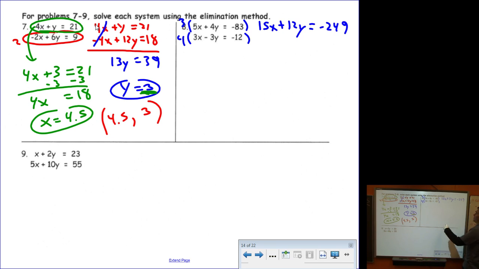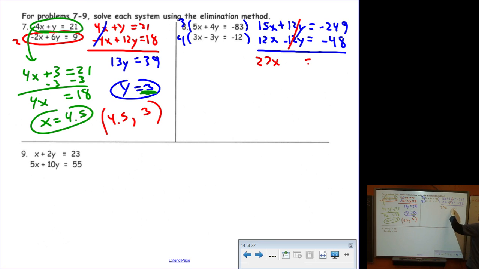The second equation by 4 would give me 12x, negative 12y, and negative 48. So when I then add those together, the y's would cancel out. I'd have 27x, and here I'd have negative 297. And if I go ahead and then divide by 27, I get x equals, and I think that's negative 11.